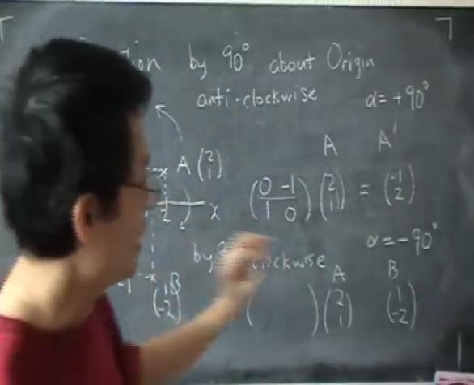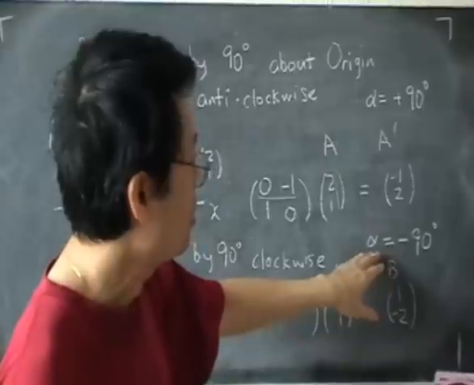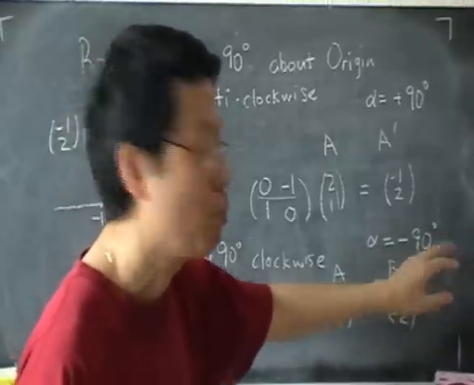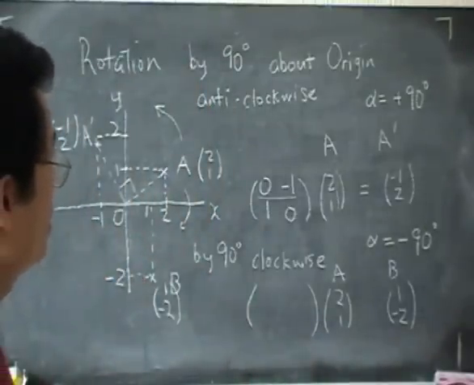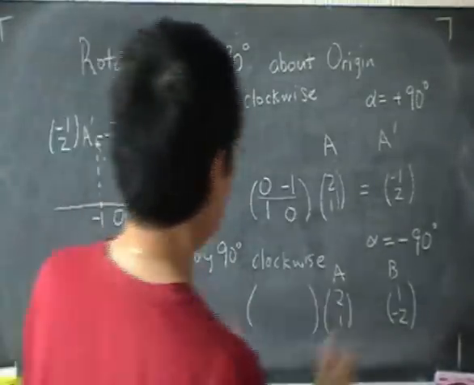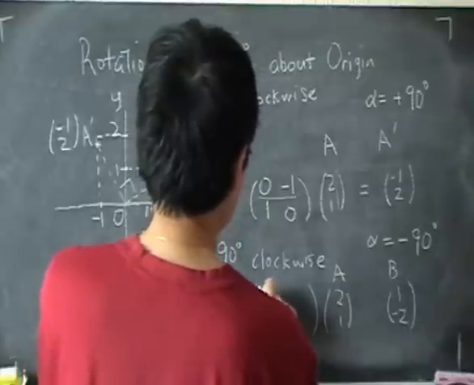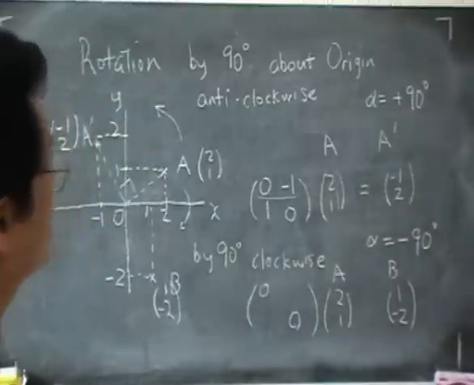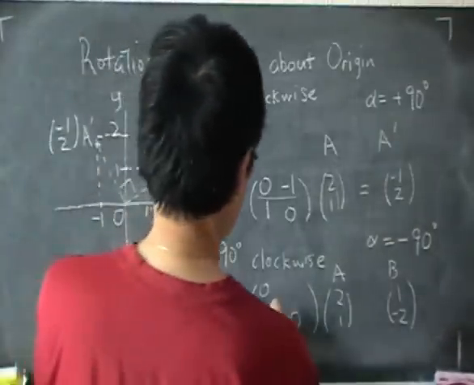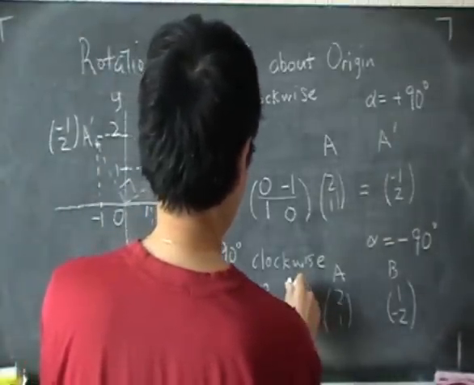So if you want to use that sine and cosine formula, you must set the angle alpha to be minus 90 degrees. Okay, and if we apply the formula, we'll find that the answer is a matrix that looks like this.